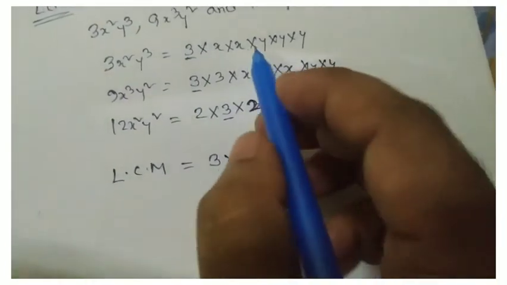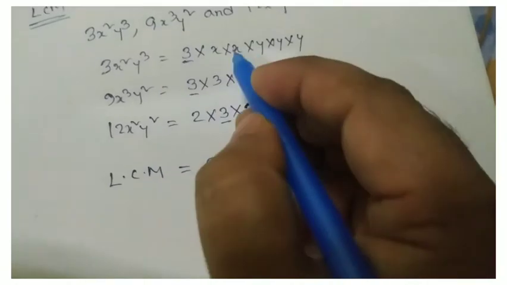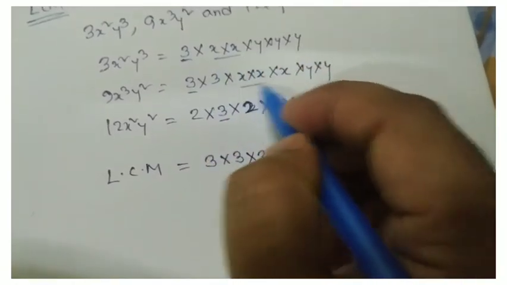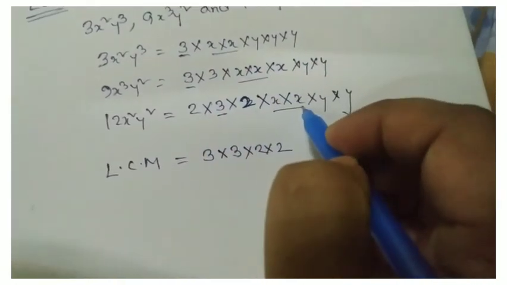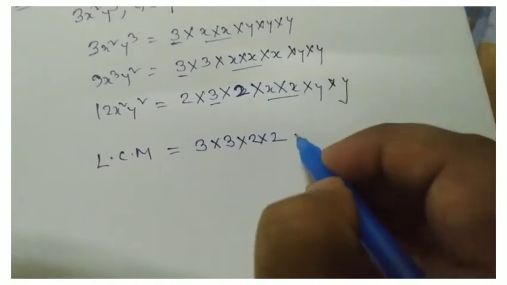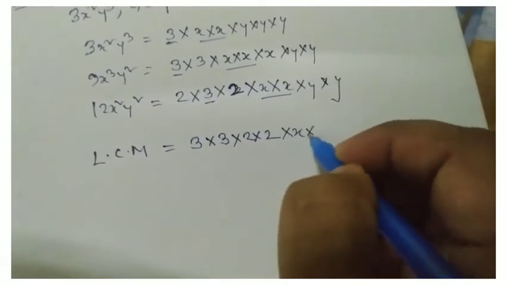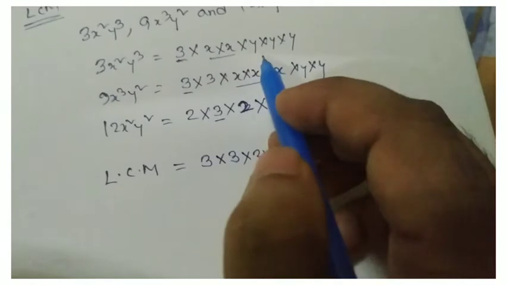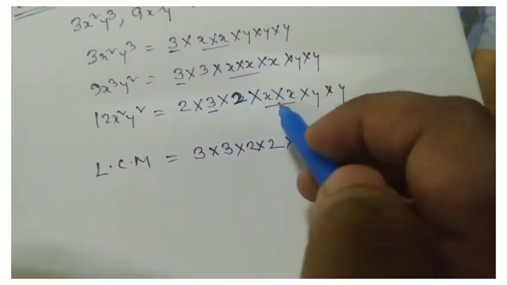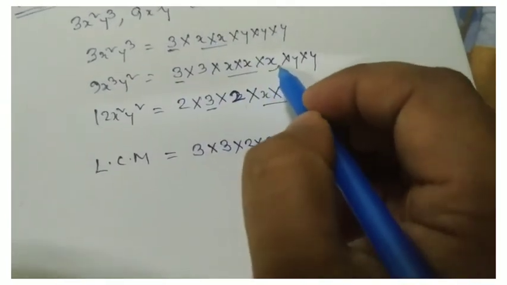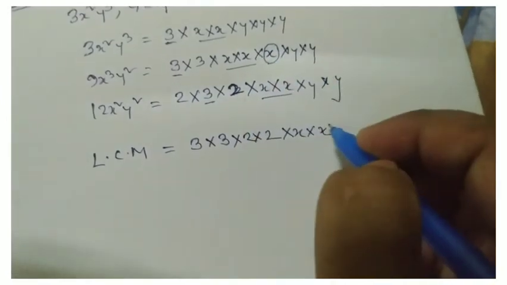Okay, now let us consider x. 2 x's, 2 x's, 2 x's are common, so we can write x into x. And now the uncommon part: the common part's gone, we have the uncommon part, that is x.